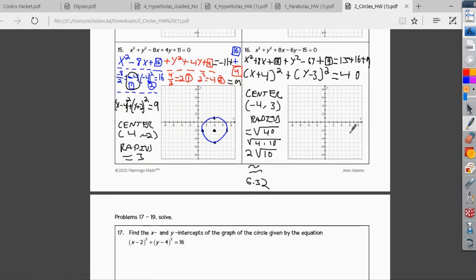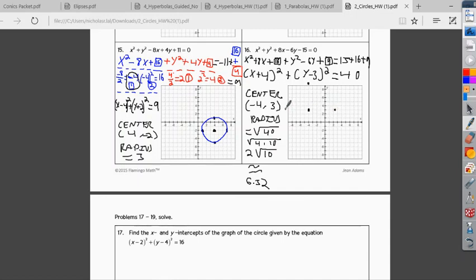All right. So center is at -4, +3. And a radius, we're going to go 6.32 in either direction. So it's going to be a little bit off the charts here. 1, 2, and a bit.